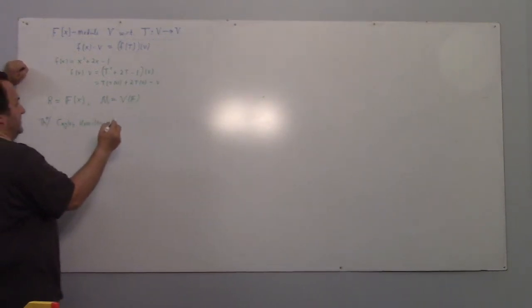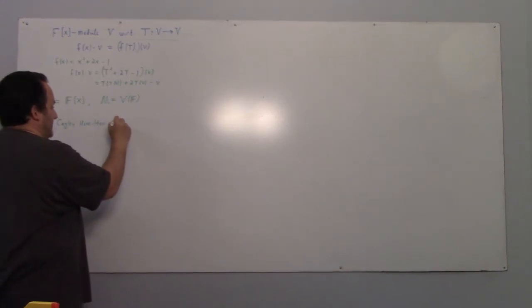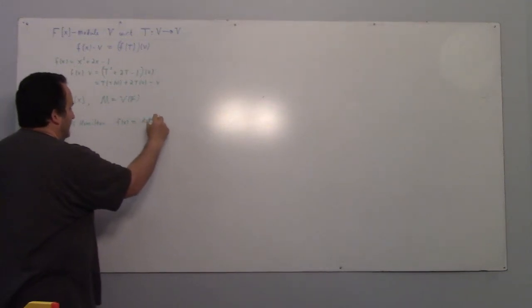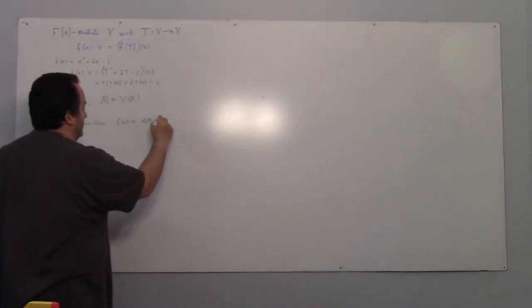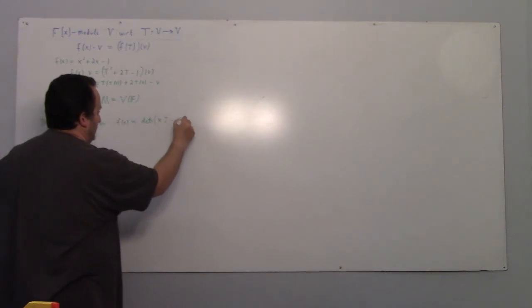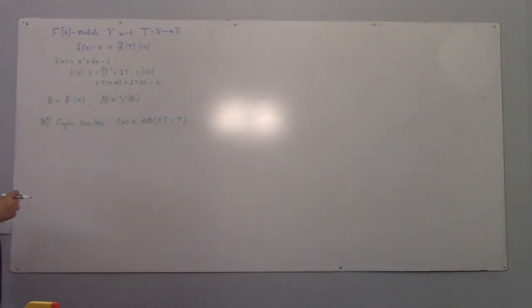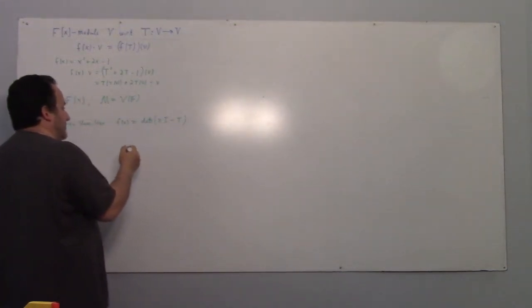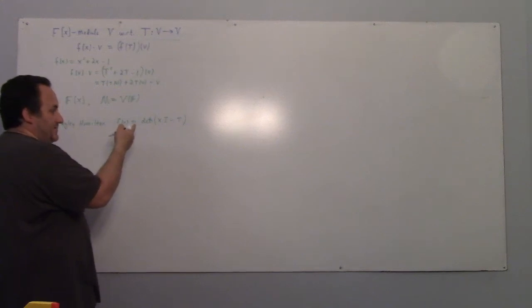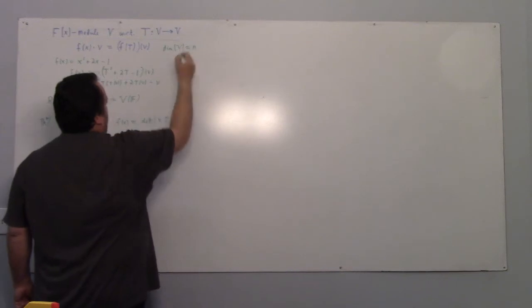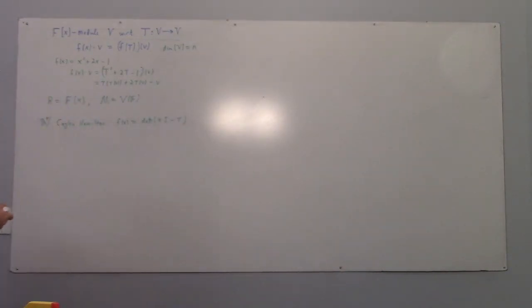But the Cayley-Hamilton theorem basically says that if you say f of x is equal to the determinant of x times the identity minus T, or you could just write it as x minus T if you wanted, and the dimension of V, I'm going to assume is n, an n-dimensional, finite dimensional vector space.